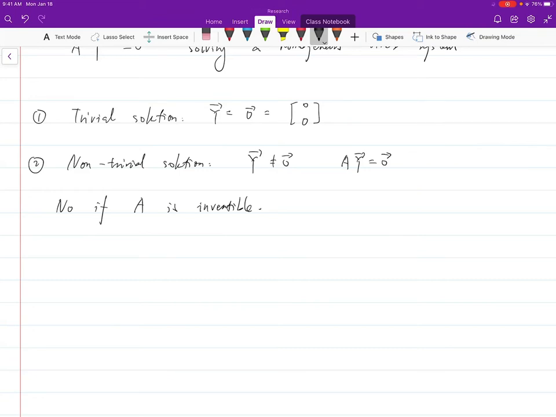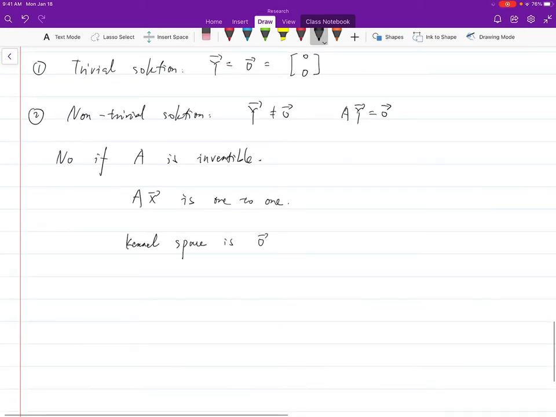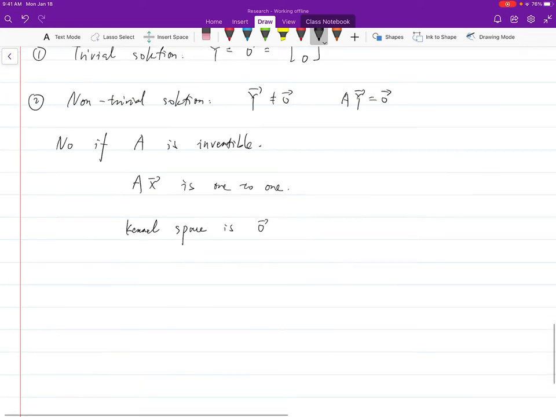Or we can say if the linear transformation defined by Ax is 1-to-1, or we can say the kernel space is zero-dimensional or is only this, or we can say all the columns of A are linearly independent. So we have a lot of tools we had before in order to solve this.